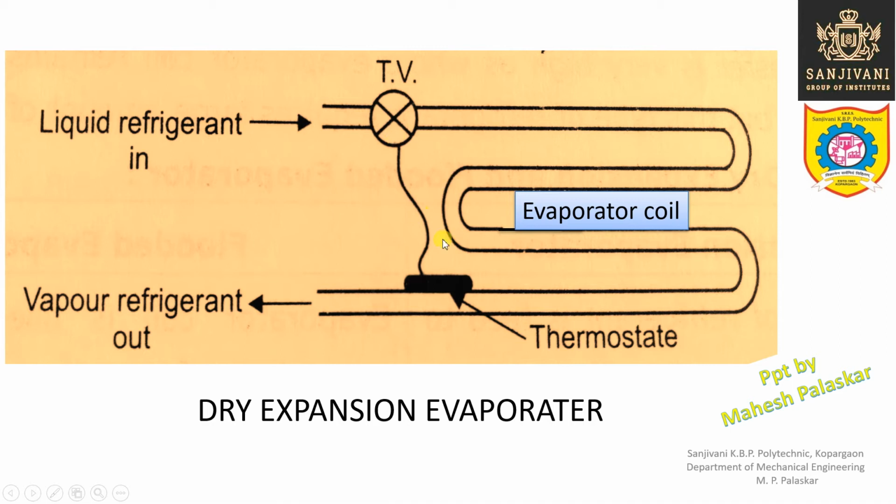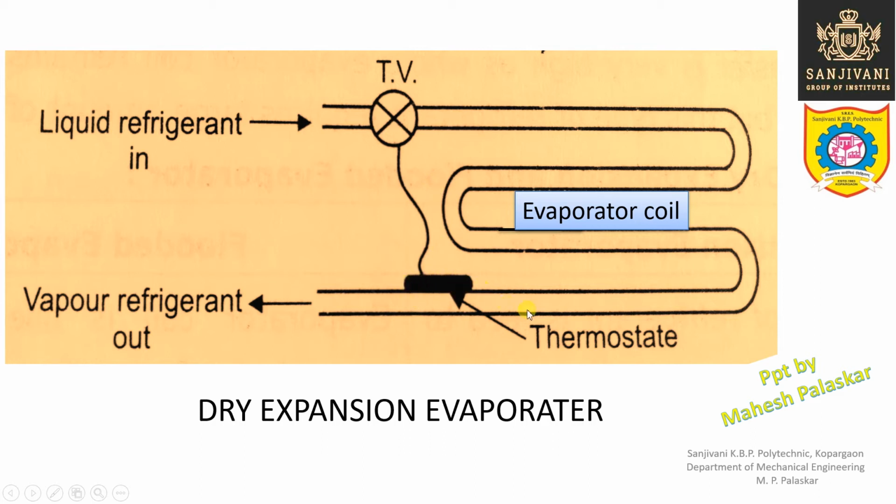So what is happening is that the temperature of the refrigerant leaving the evaporator is sensed by this thermal bulb. The same refrigerant is present in this thermal bulb, and the bulb is connected to the thermostatic expansion valve through a capillary tube.